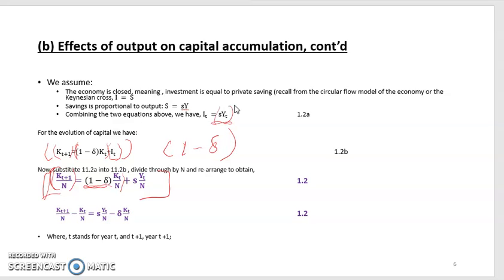That is the capital per worker of year t that is still intact in year t plus 1, meaning that it is adjusted for depreciation here, plus investment per worker during year t, which is equal to the savings rate times output per worker during year t. So this comes from investment being expressed in terms of savings rate times output per worker.